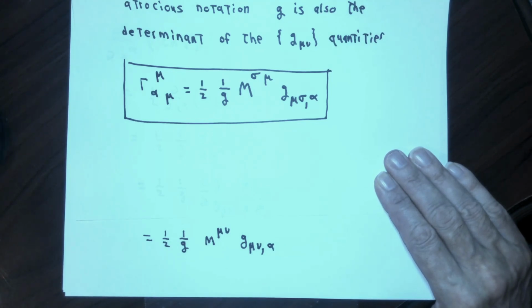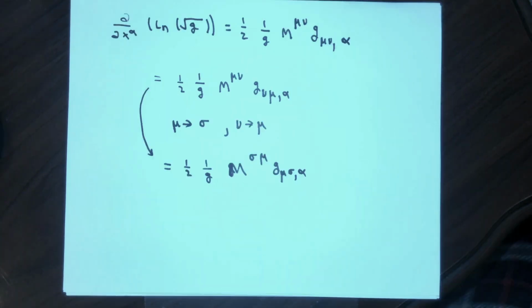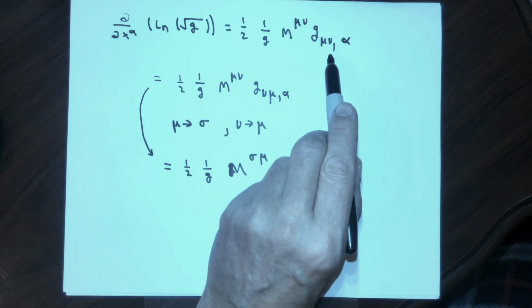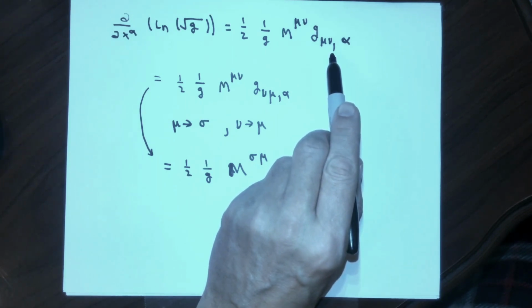As I said before, even though I'm getting these subdeterminants out of a symmetric matrix, it is not true that m sigma mu and m mu sigma are necessarily the same thing, but it is true that g mu nu and g nu mu are the same thing. So I'm going to interchange the mu and nu because of the symmetry of the metric.